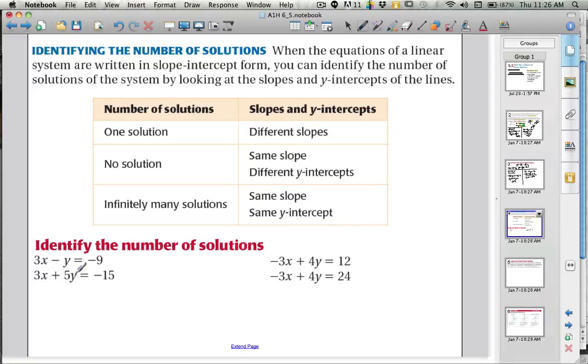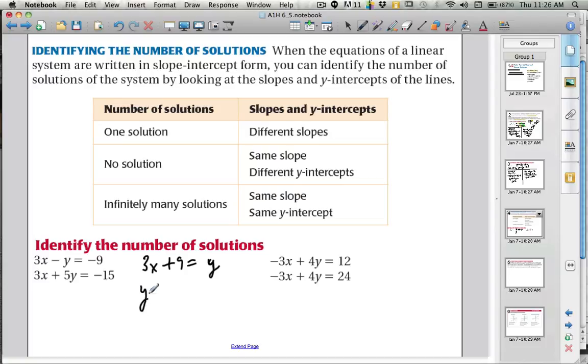Okay, so I'm going to add y and add 9 to either side of this equation. And on this one, I'm going to subtract 3x and divide by 5.